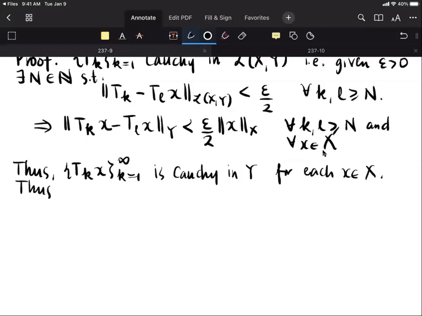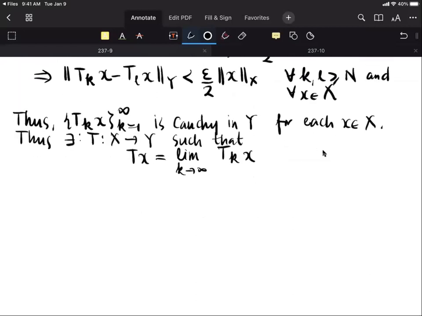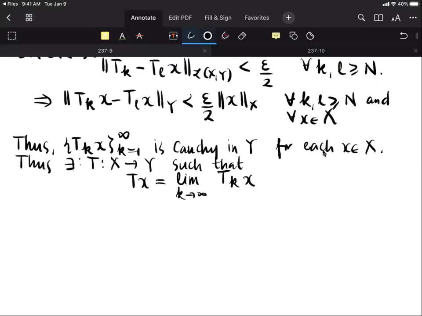Thus, there exists a map T from X into Y such that T of x is the limit of the images. And take note that this is unique due to the fact that your space Y is a Banach space.